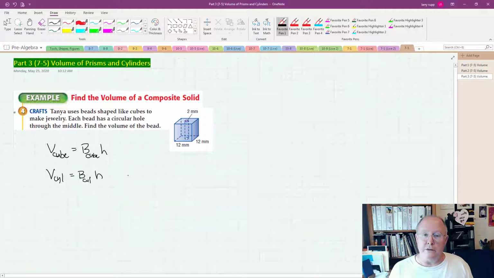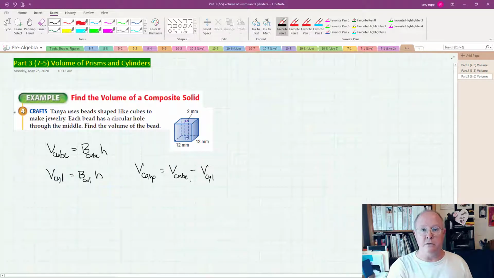So the overall volume of this composite solid then, okay, the volume of the composite is equal to what? It's going to be equal to the volume of the cube less the volume of that cylinder drilled through the middle of it. So in other words, it's got a cube and you drilled a hole through that solid.